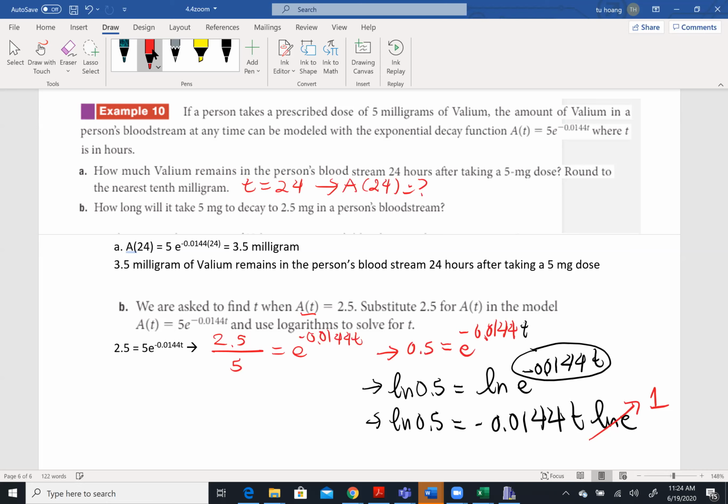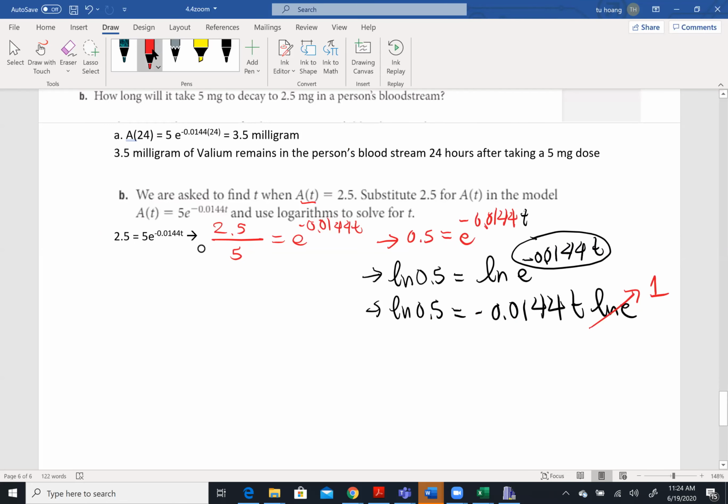That's one of the properties of the natural log, and you will have ln 0.5 equal to negative 0.0144 t. You're going to divide both sides by negative 0.0144 to get t, right?